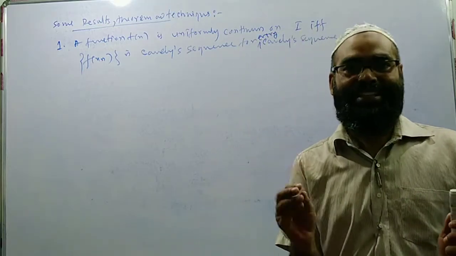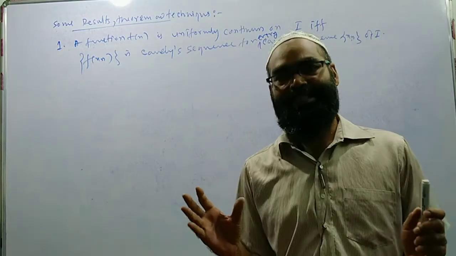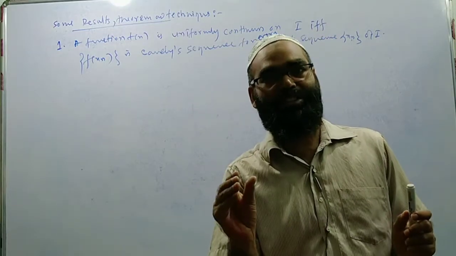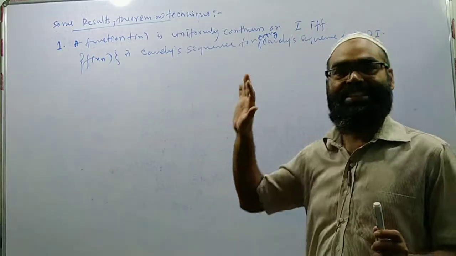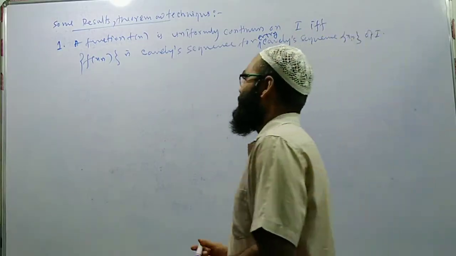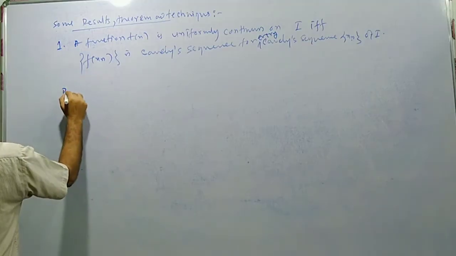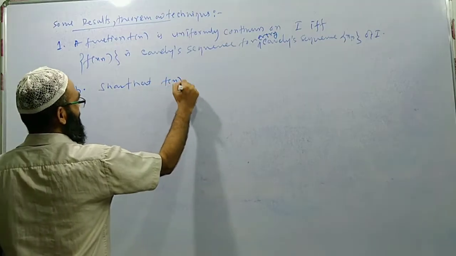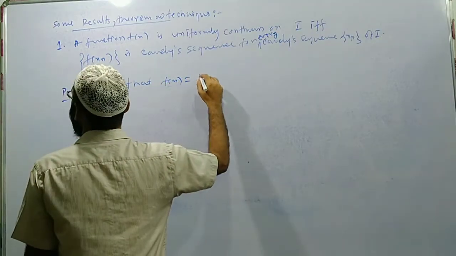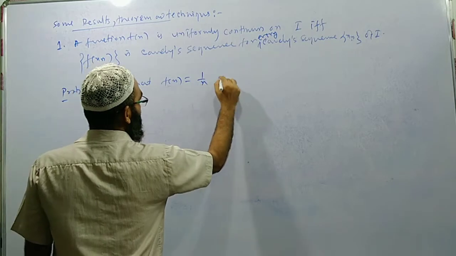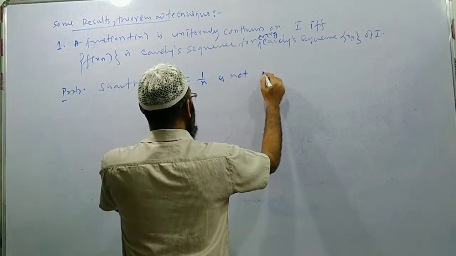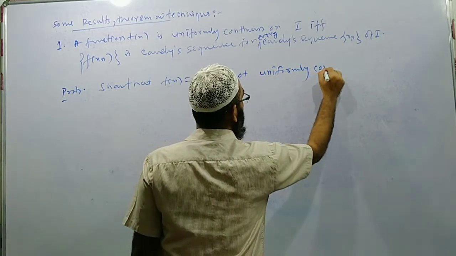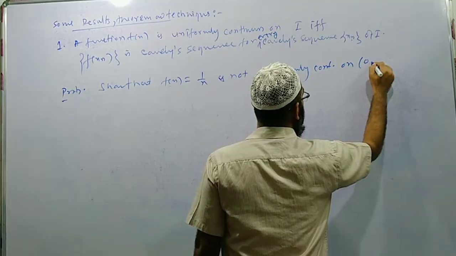If the problem in a competition exam or any other examination is to show that the function is not uniformly continuous, we can apply this technique. For example, show that f(x) = 1/x is not uniformly continuous on the open interval (0, 1).